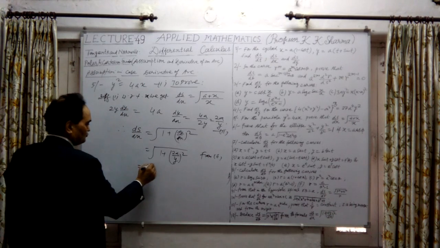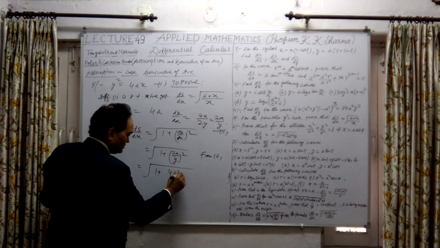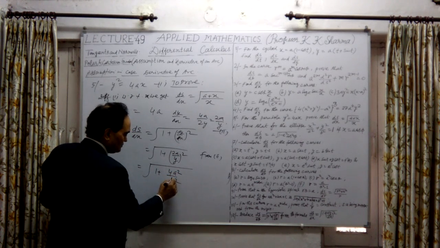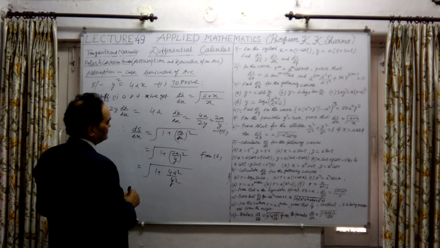Now squaring this, we get 1 plus 4a square upon y square. If I substitute the value of y square, which is 4ax, from the first, in the denominator, we can solve it.